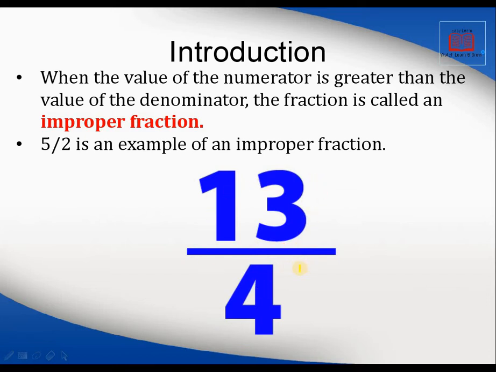That looks like an improper fraction, and we cannot see it in practical cases. These types of fractions are called improper fractions. Another example, 5 divided by 2, is also an improper fraction.